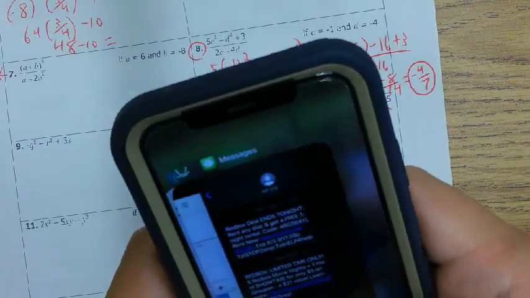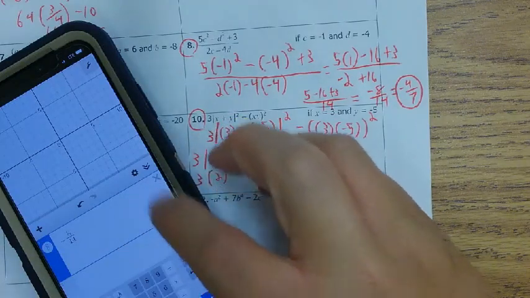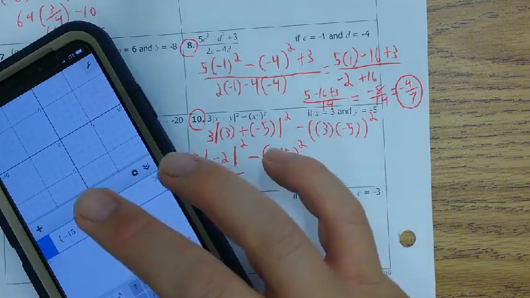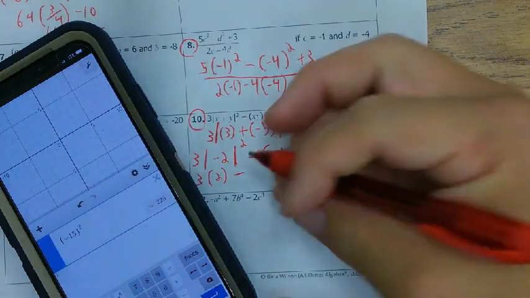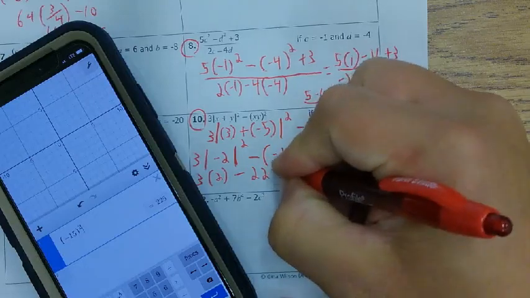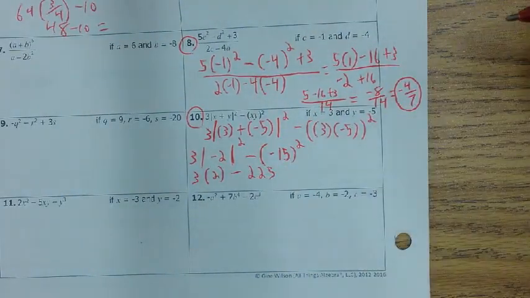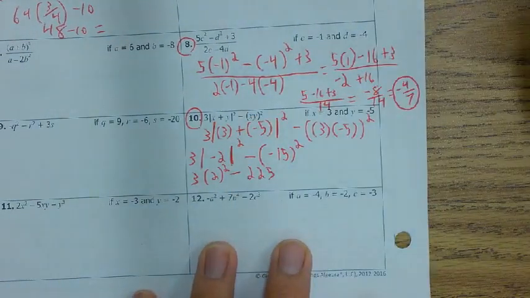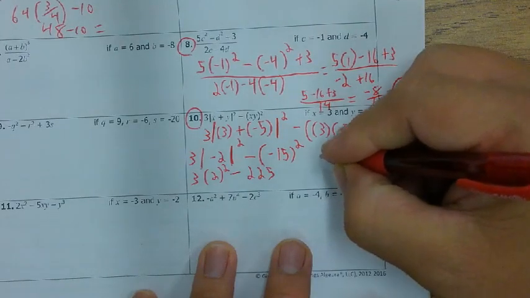So you're going to pull up your Desmos and you're going to do negative 15, close your parentheses, squared. That gave you a positive 225. So 225, and we just brought down the minus symbol. Well, now we have this 2 squared. We know 2 squared just means 2 times 2, so that's going to give us 4.